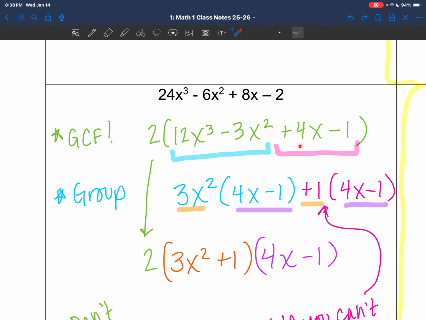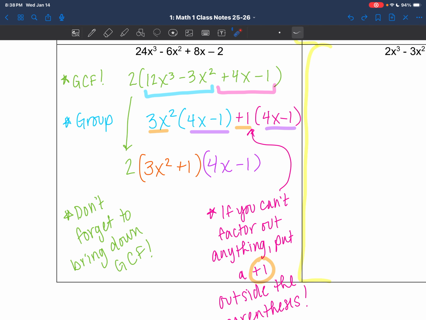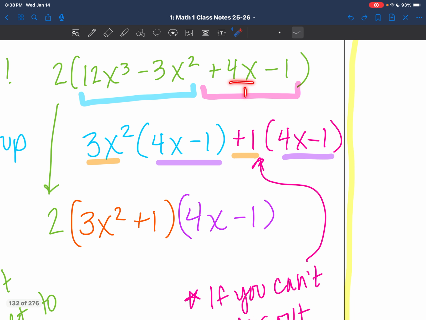Well, there aren't any numbers that I could factor out. So if there's no GCF, put a +1. With grouping, you always need to factor something out. So we're going to factor out a +1. And then if you divide each of these by 1, this is what's left over.